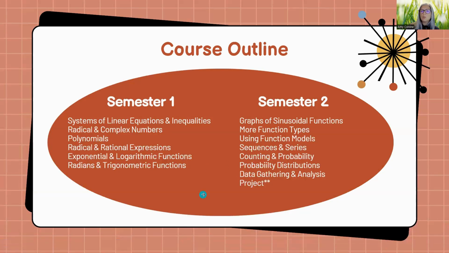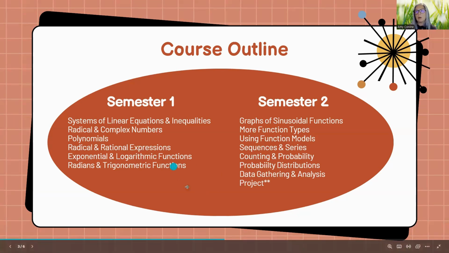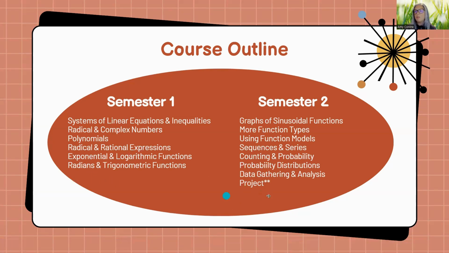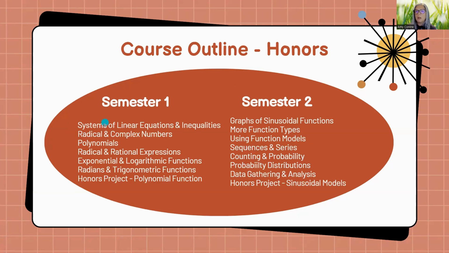For Algebra 2, the traditional versus the honors section are fairly similar with the topics that you'll take, but there's a difference in the content within it. These are just the topics that are listed. You'll have a midterm and a final. Between the two outlines, the topics are pretty much the same.